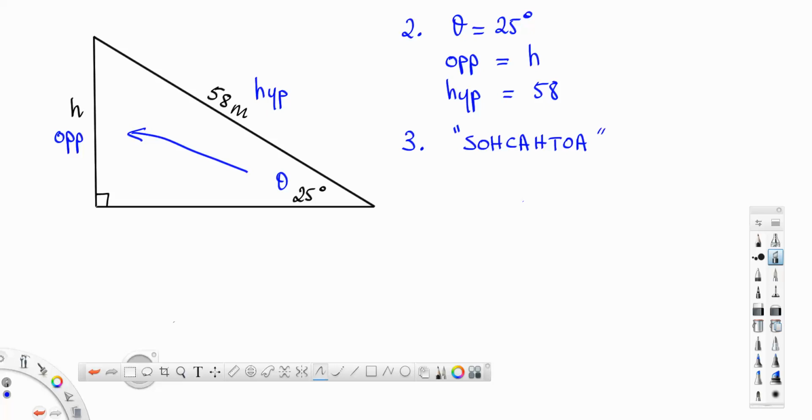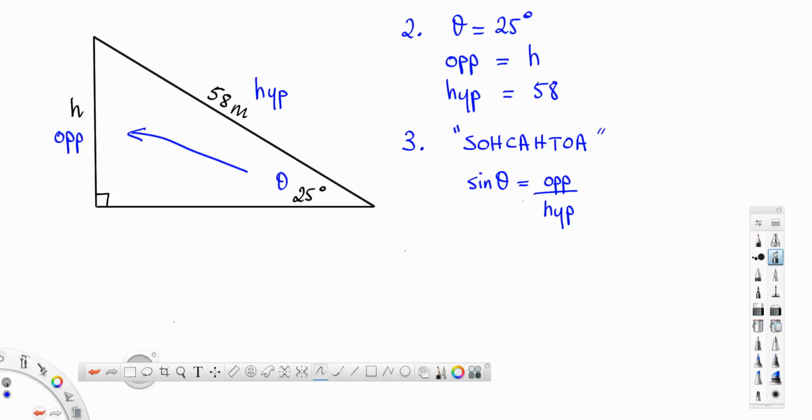And so the ratio that involves the opposite and the hypotenuse is sine, the sine ratio. Okay, so I'm going to write out the definition of the sine ratio, which is sine theta equals opposite on hypotenuse. Okay, that's step three. We've determined the ratio that we're going to work with.